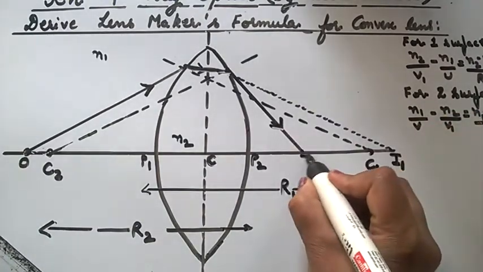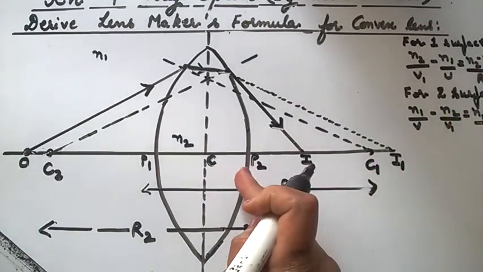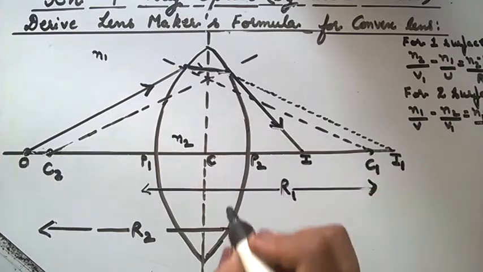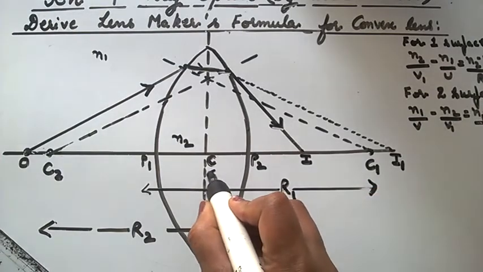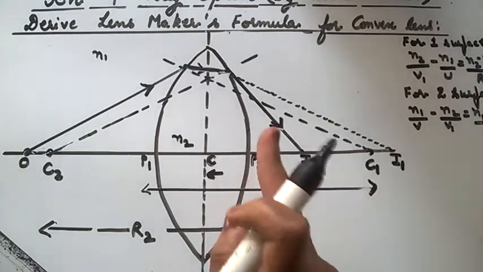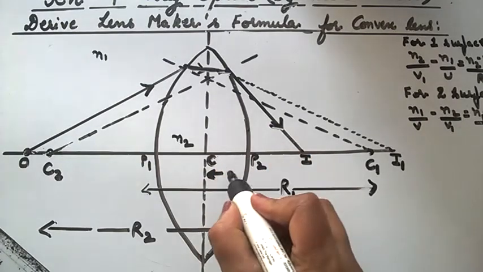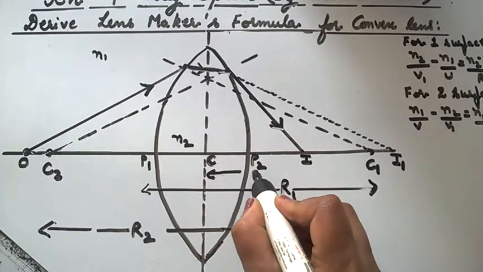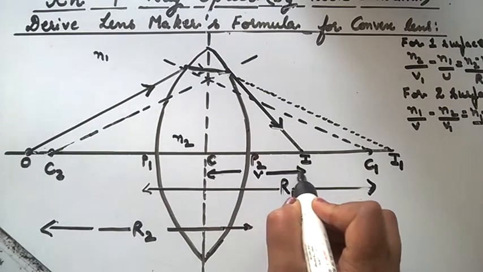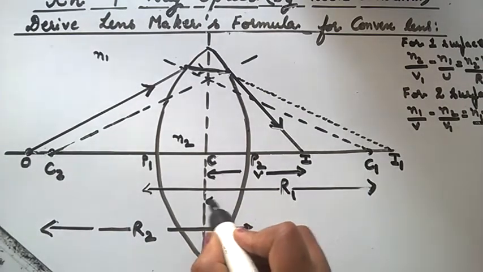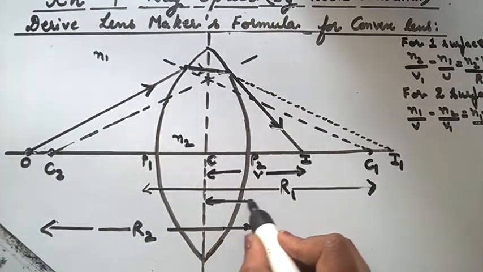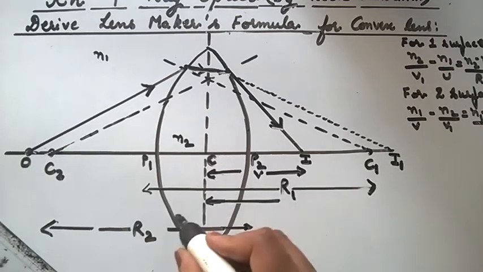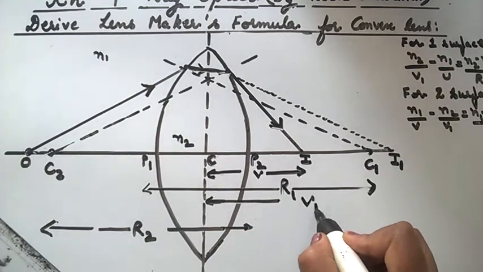This image obtained by the second surface, let it be I, and from the optical center to I, its image distance is V. From the optical center to I1, the image distance for the first surface is V1.